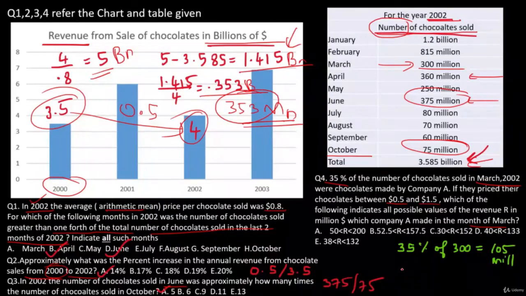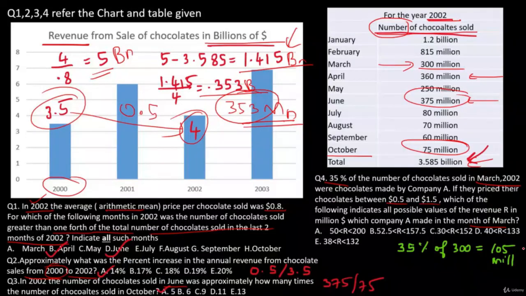How do you do this? This is nothing but 35 by 100 into 300. So if you do that, that's 35 into 3, which is 105. So company A sold 105 million chocolates in March. Now, the price is between $0.5 and $1.5, right?